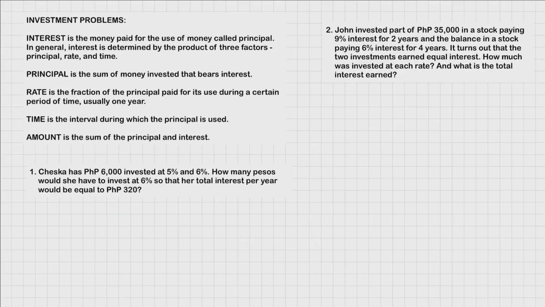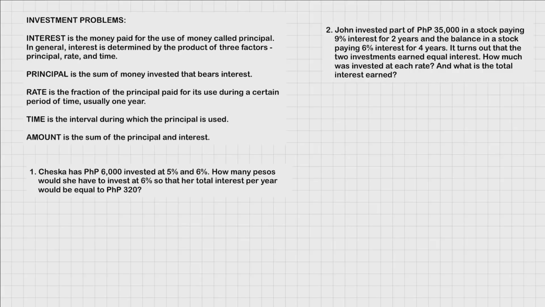So our next type of word problem is investment problems. Although we're going to tackle this again when we go to engineering economics, let's try some basic investment problems first. So, on to definition of terms before we proceed. An interest is the money paid for the use of money called a principal.